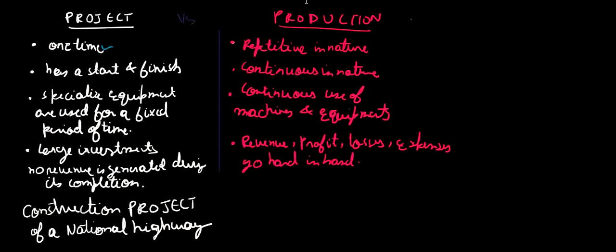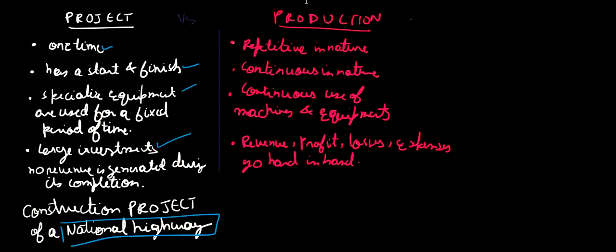The first one is that it is a one-time activity, so once the NH is completed, our project is over. It has a start and a finish. Yes. It uses specialized equipments. Yes. So all these criteria are being satisfied. It also requires large investment, and no revenue is generated during its completion phase.